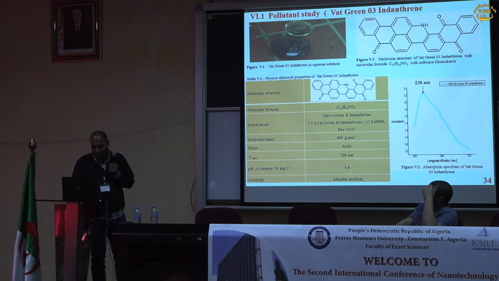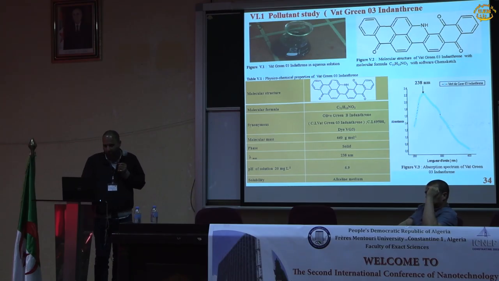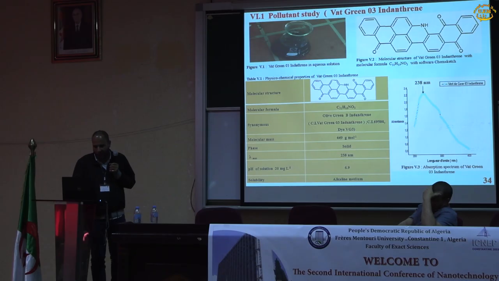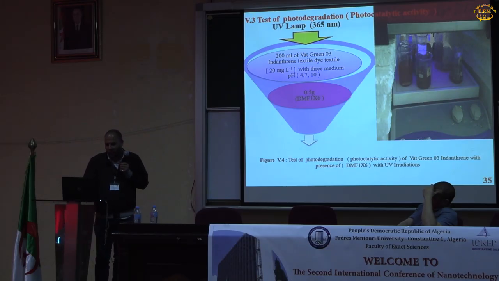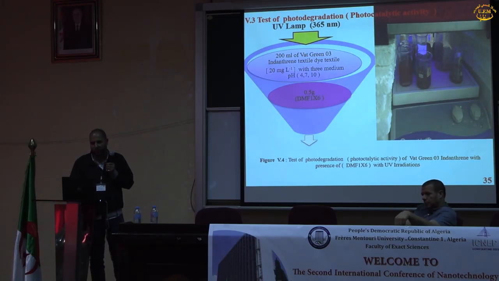The characteristics of this pollutant: maximum wavelength 238 nanometers, pH 6.9, and solubility in alkaline solution. For the degradation test, we take 200 milliliters of the dye at a concentration of 20 milligram per liter with 3 medium pH: 4, 7, and 10.